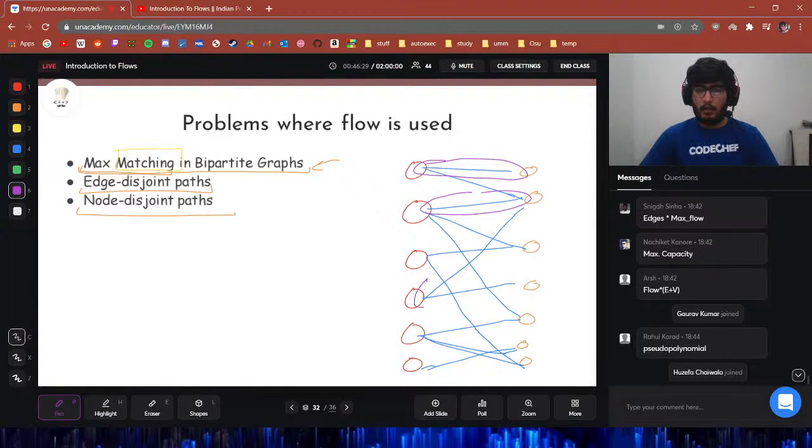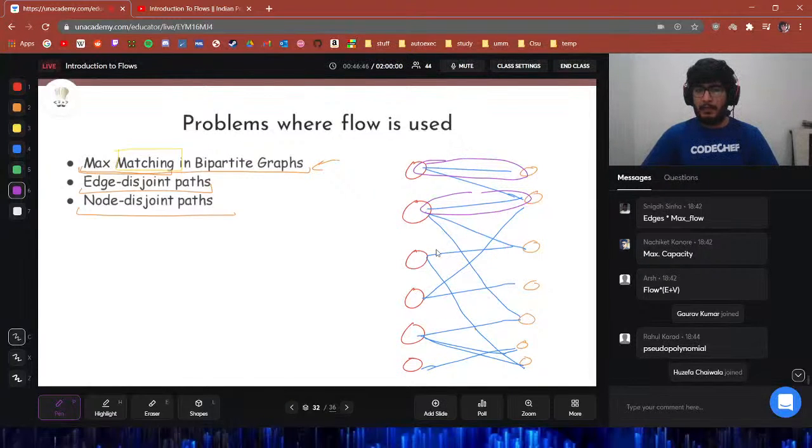But I cannot call this a matching, because at this node there are two edges touching in the matching set. So I cannot call the set of these three edges a matching.